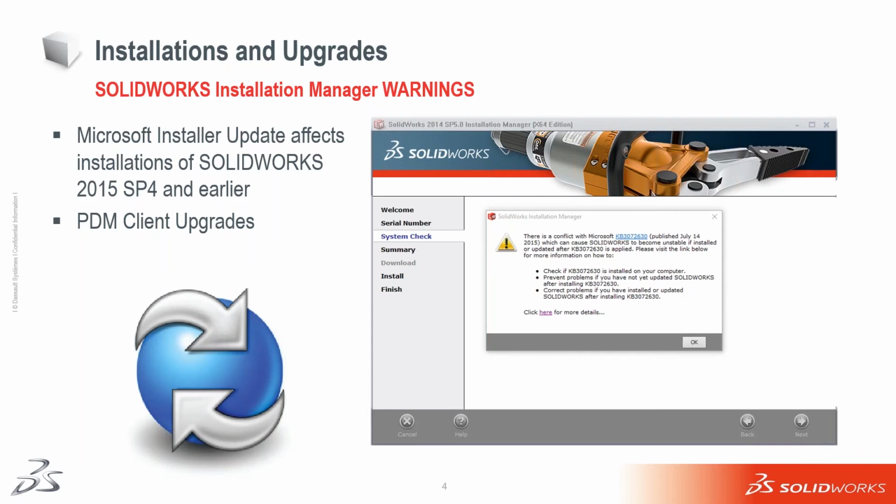That's something that we've run into, that users, as they're upgrading to a later service pack of SOLIDWORKS in the same major version, inadvertently upgrade their PDM client and they lose connection to the PDM server because it's on a different service pack.